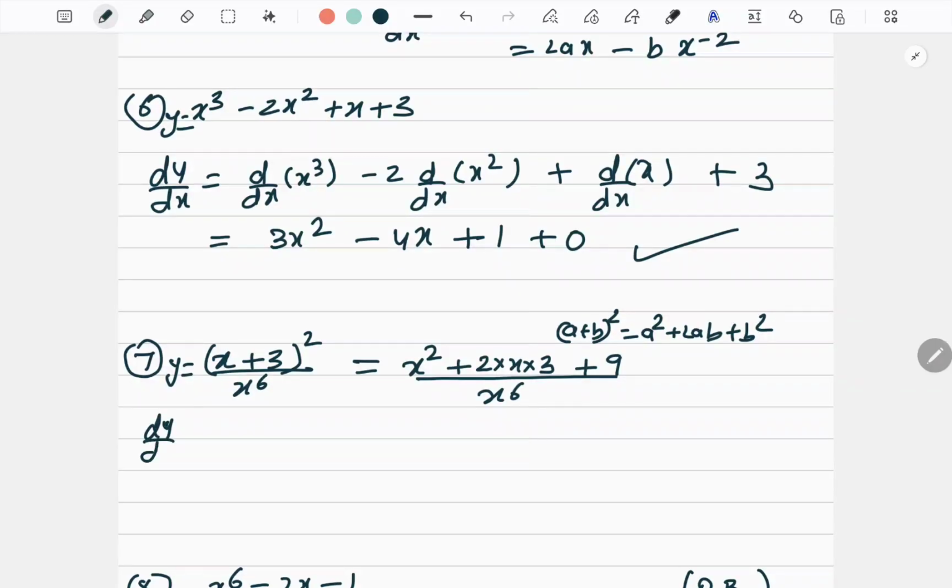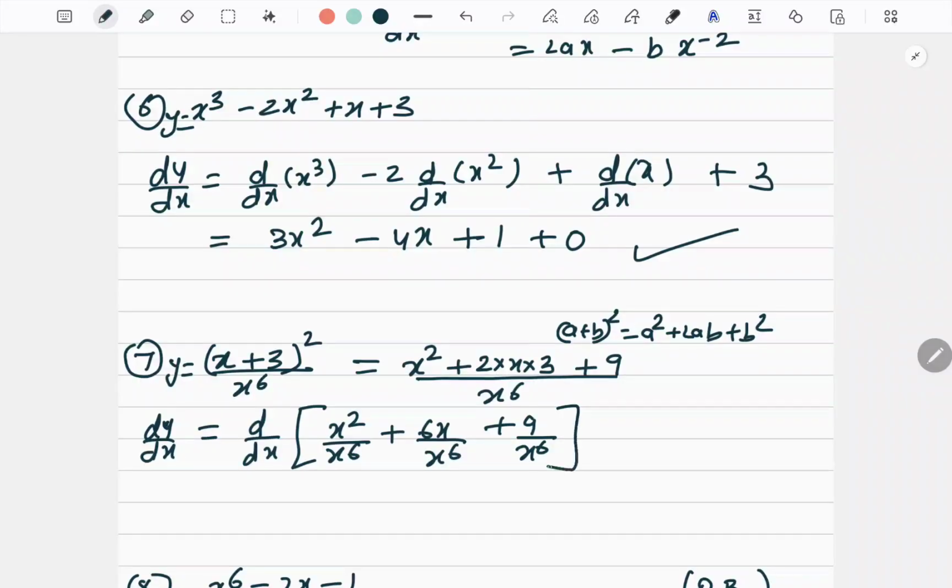So dy/dx is equal to d/dx of, I will separate the terms, x² upon x⁶ plus 6x upon x⁶ plus 9 by x⁶.